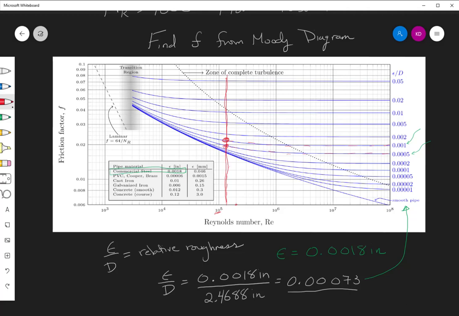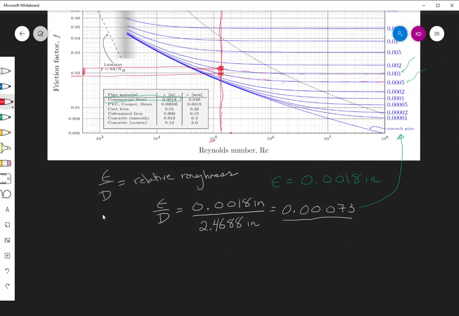So I would expect that the true value would fall somewhere in between those two points. And if I trace that back by drawing horizontal lines, I would expect my friction factor to fall somewhere there. And I'm going to just take a friction factor of 0.02 because that's pretty close to being in between those two lines.